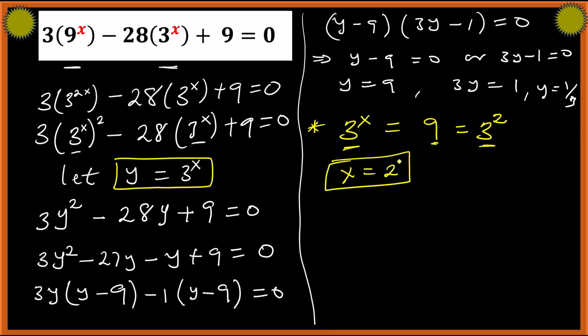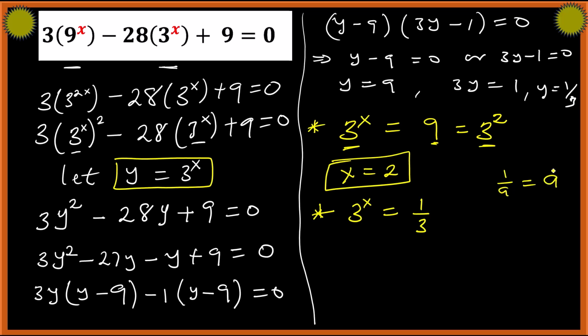All right. Now let's go to the next one. So the next one has to do with 3 raised to x equals 1 on 3. So we need to change this one. 1 on a is the same as a raised to negative 1.